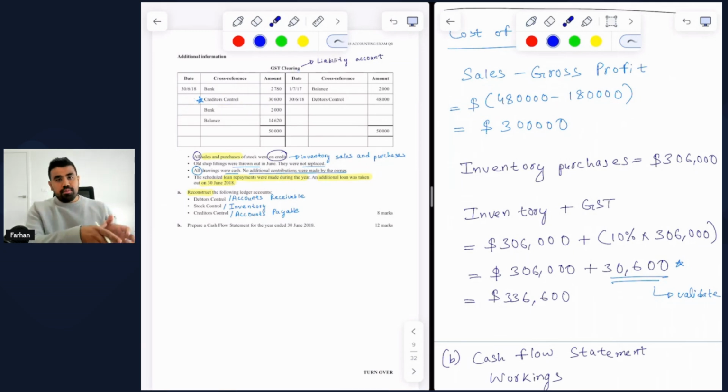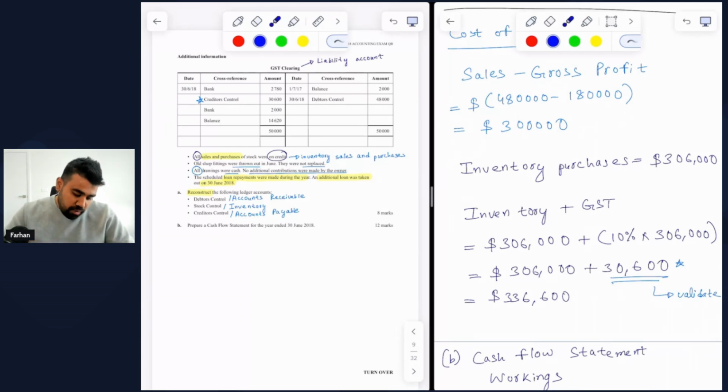And why is this on the debit side of the GST clearing account? This is because if this is on the debit side, this reflects a reduction in the amount we owe as GST to the ATO. So the way this is calculated is by first finding the GST that we expect to collect for our sales, and then we subtract the GST we expect to pay for all our purchases, and the net balance is what we are going to owe the ATO eventually.